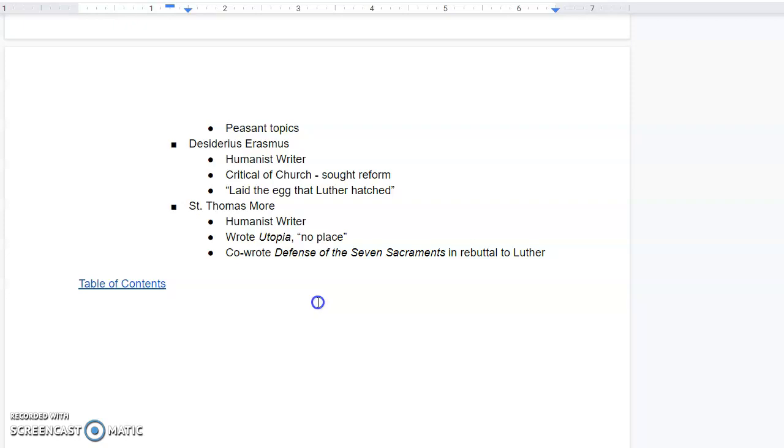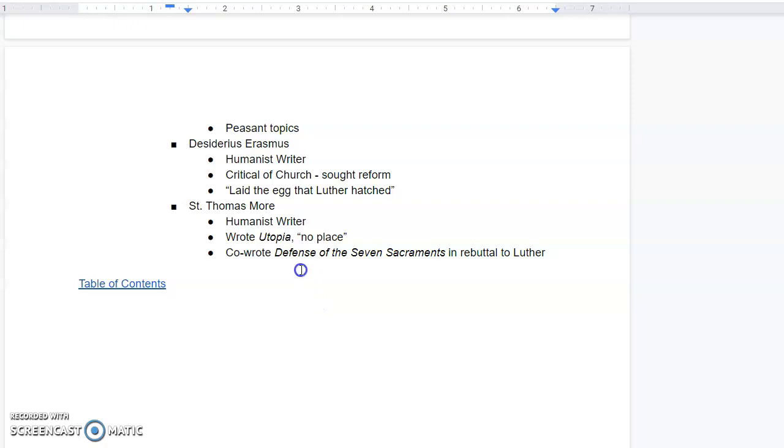But it is said that Erasmus, quote, "laid the egg that Luther hatched," that Martin Luther and the Protestant Reformation were essentially prepared by people like Erasmus, who criticized the church in the decades before Luther.